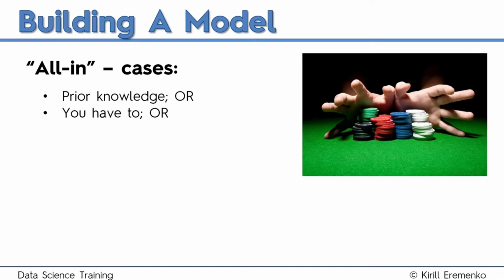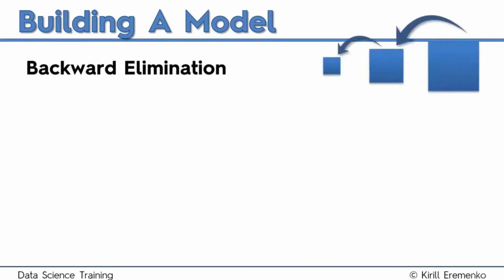Once again, I'm not sure in which industries that would be the case, but perhaps that could be the case. And number 3, you would use this method if you're preparing for a backward elimination type of construction of regression, which is our next type. So let's move on to backward elimination.